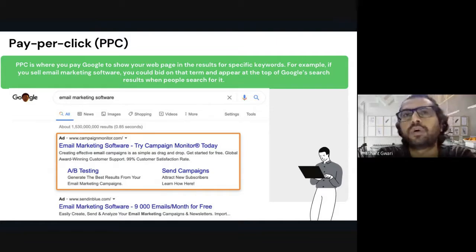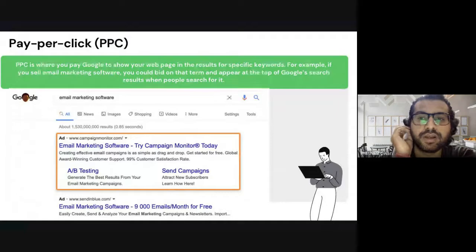Those who win the war, that person's website and content will appear on the first page, those who have the highest bid. And if someone clicks on their website, Google will deduct the amount from their account for every single click. So that means it's PPC, pay per click.